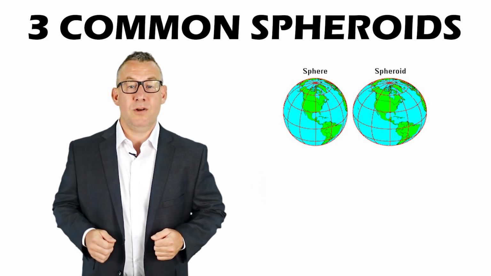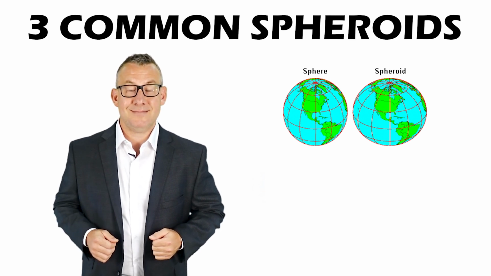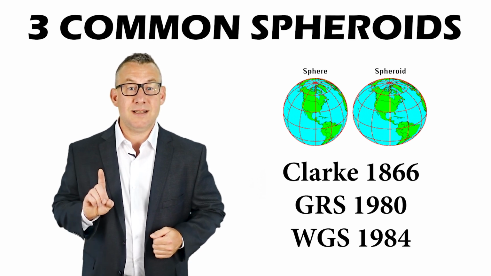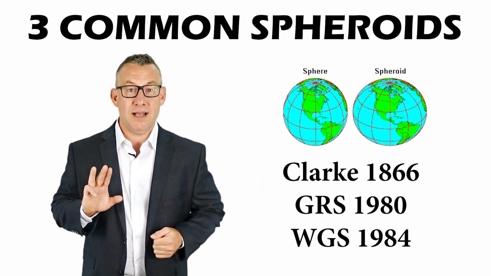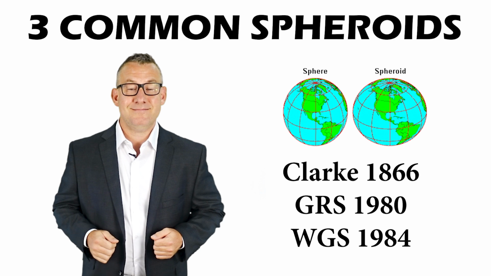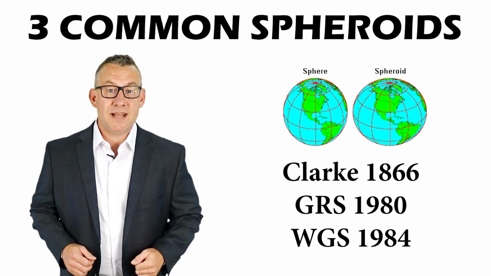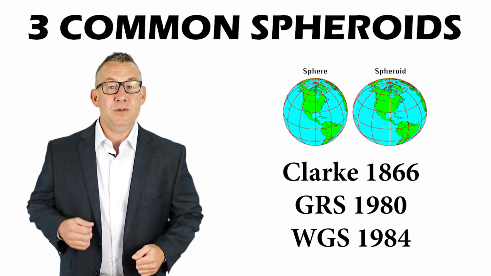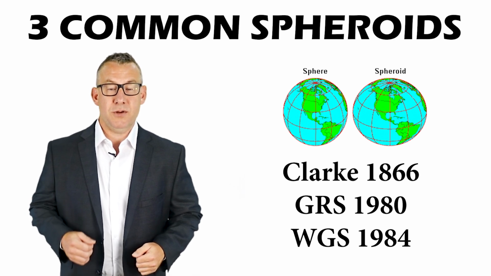There are three common spheroids used in GIS. The three common spheroids are the Clark 1866, the GRS 1980, and the WGS 1984. GRS stands for Geodetic Reference System. WGS stands for World Geodetic System.